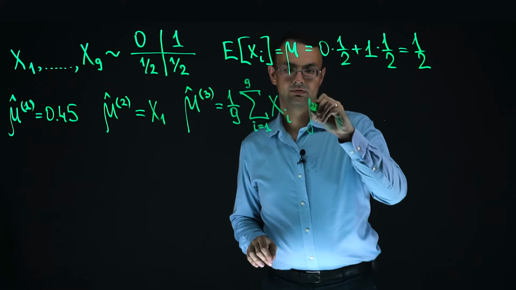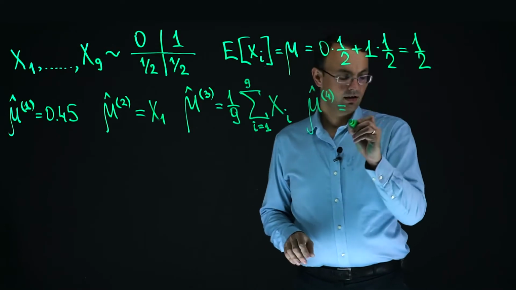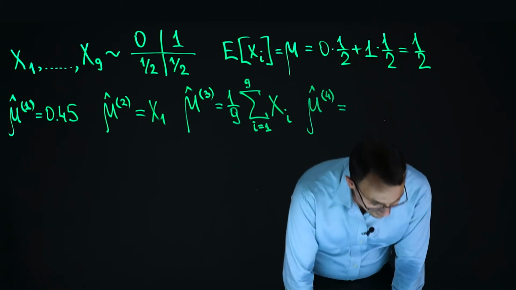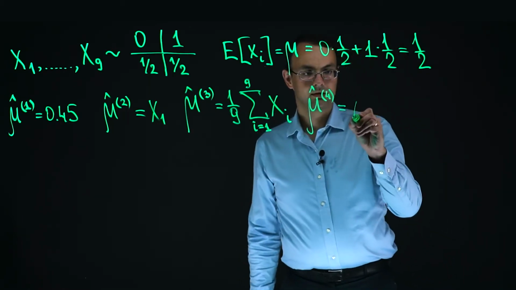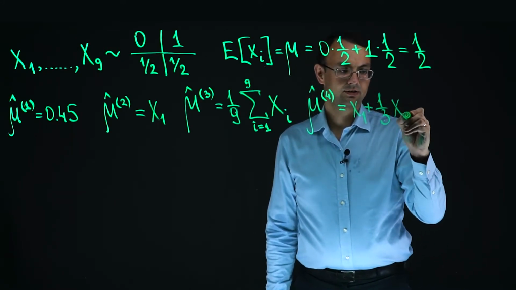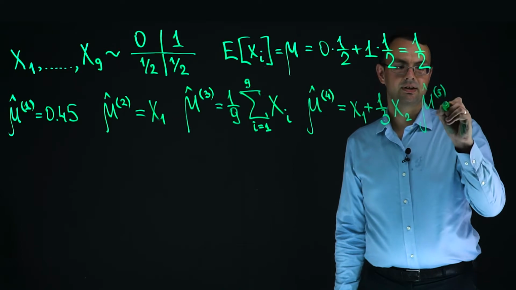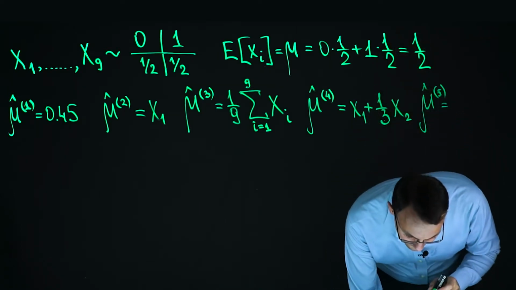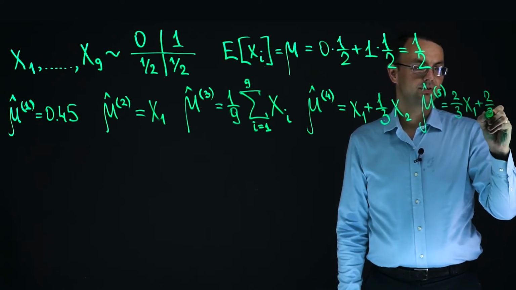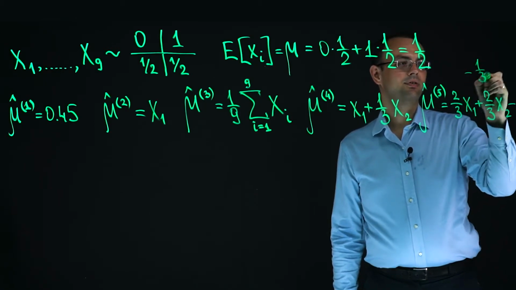Mu hat 4 is x1 plus 1/3 x2, and mu hat 5 is 2/3 x1 plus 2/3 x2 minus 1/3 x3.